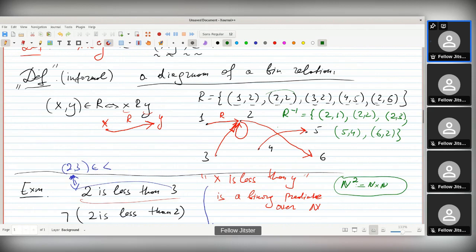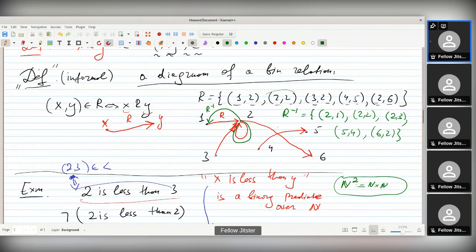Okay. Brilliant. And what about the diagram? In this diagram, it is enough to change the orientation of every arrow. So now I have 2, 1. This 2, 2 arrow won't change.